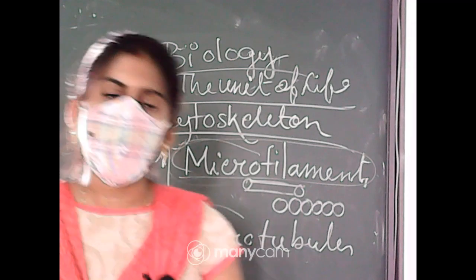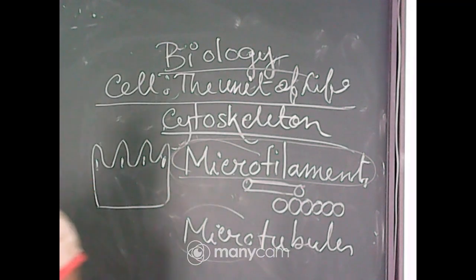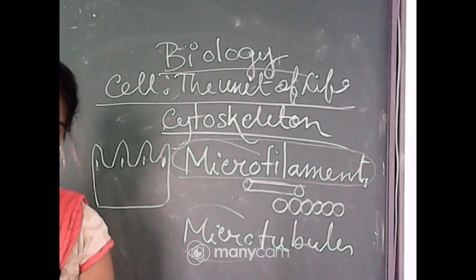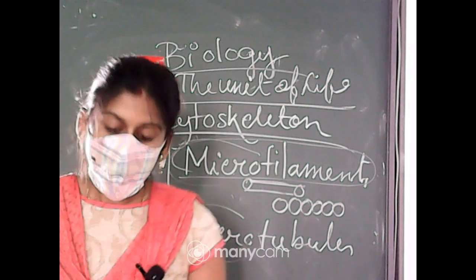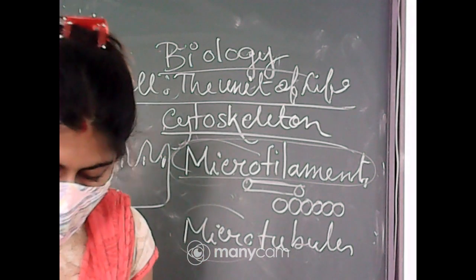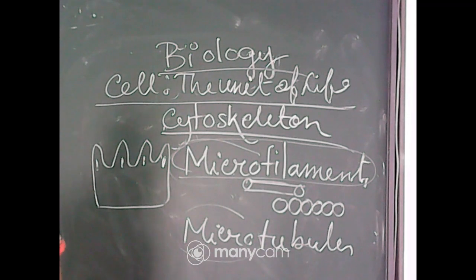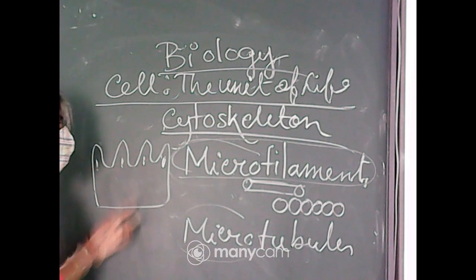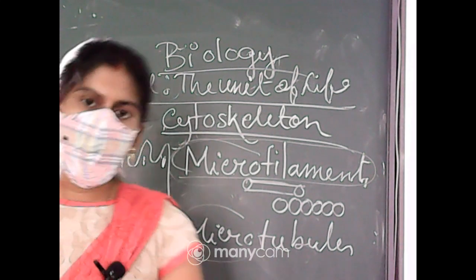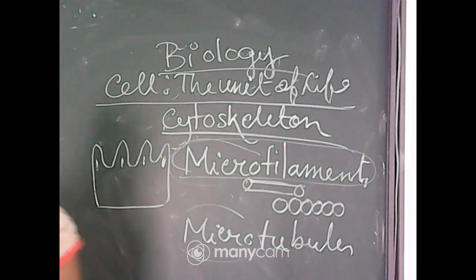Now what is the function of microfilaments? Microfilaments play a role in endocytosis, pseudopodia formation, undulating movement of the cell, muscle contraction, and cyclosis. These are the different functions of microfilaments. Clear? Next one is microtubules.